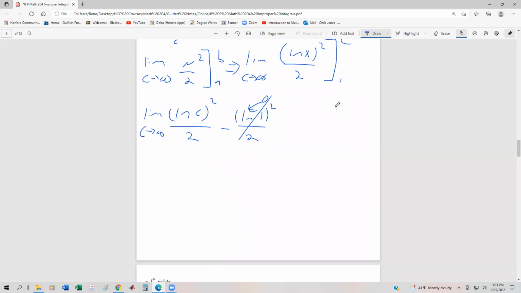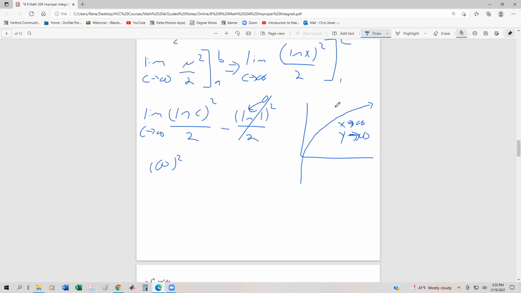However, consider the natural log function as x goes to infinity, or in this case, as c goes to infinity. This is about what our natural log function looks like. And we know as x approaches infinity for natural log, y also approaches infinity. So the limit as c goes to infinity of ln c is going to be infinity.